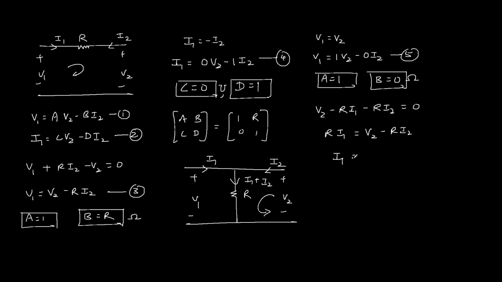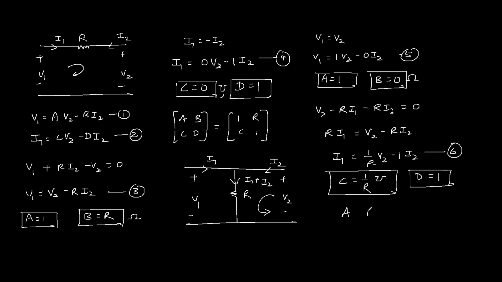So I1 is 1 over R V2 minus 1 I2. This is equation 6. Now let us compare equation 6 with equation 2. So C is 1 over R, its unit is mho, and D is the ratio of current, so it is a unitless quantity and its value is 1.